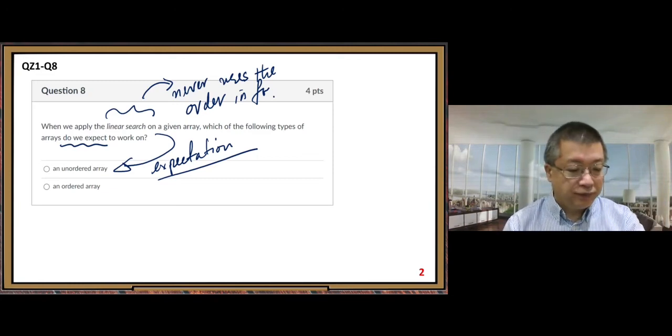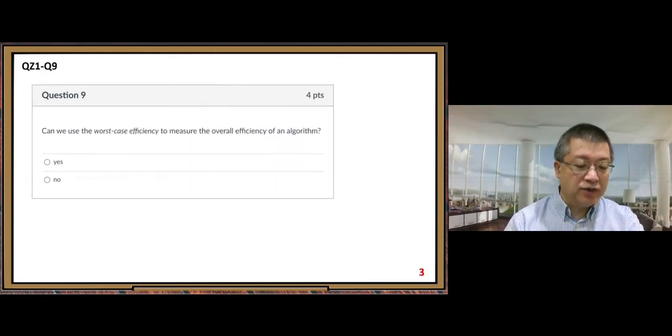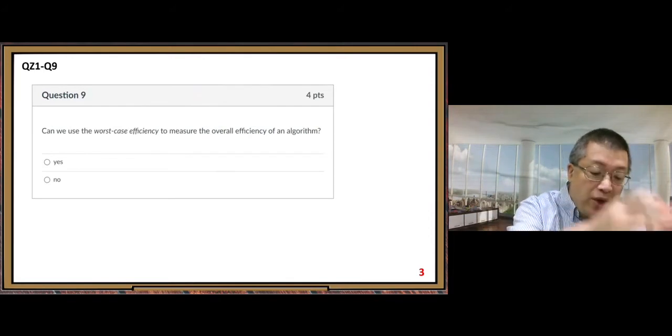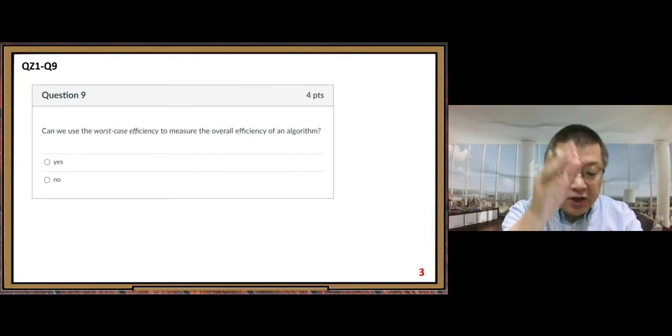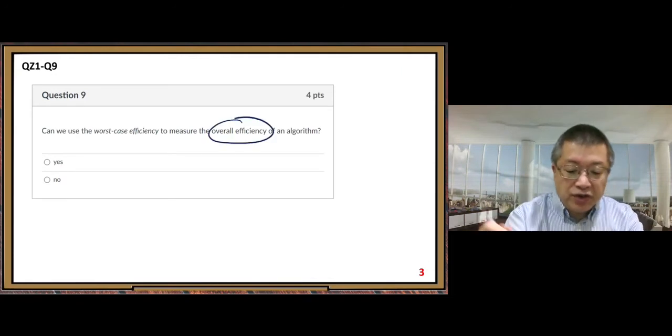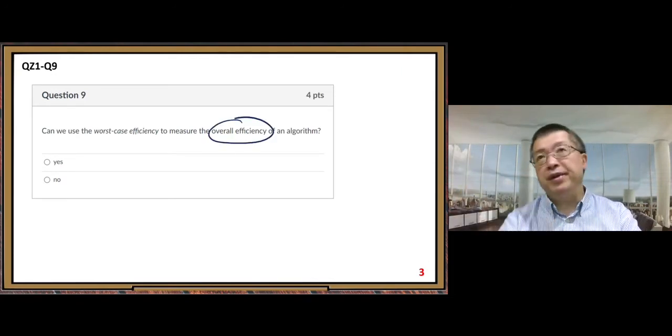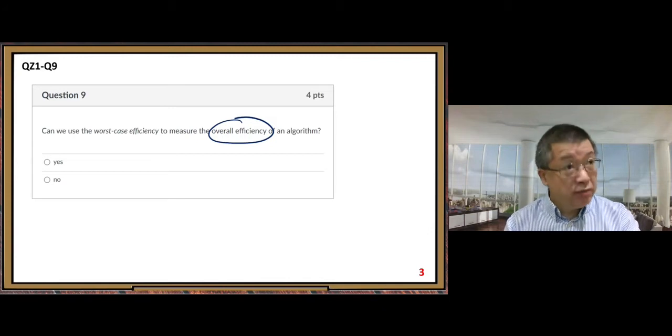All right. So next question, number 9. Can we use the worst case efficiency to measure overall efficiency of an algorithm? No. Overall, if you use the worst case, that's not a good measurement, right?